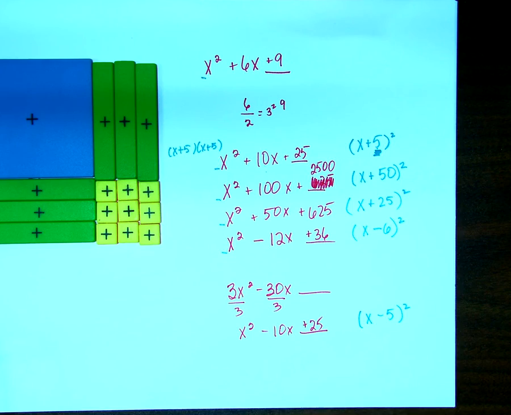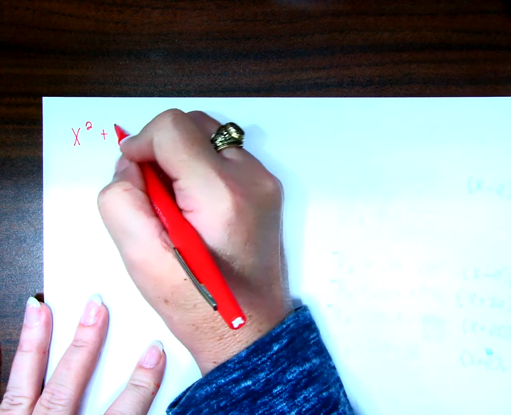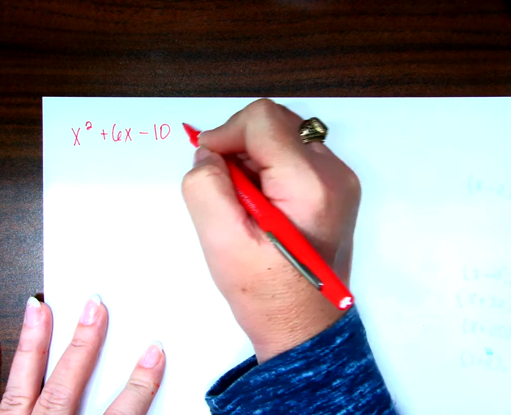Okay, so if I give you this problem right here, and I apparently have to use a different color besides blue because otherwise it turns the whole page blue. What if I give you this problem right here? X squared plus 6x minus 10 equals 0.